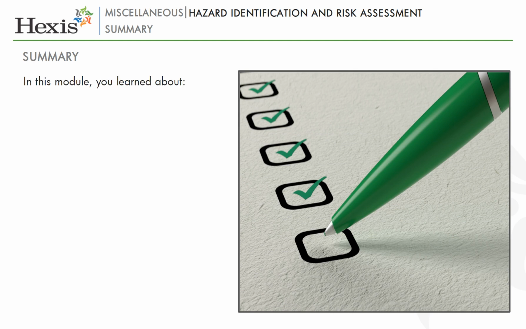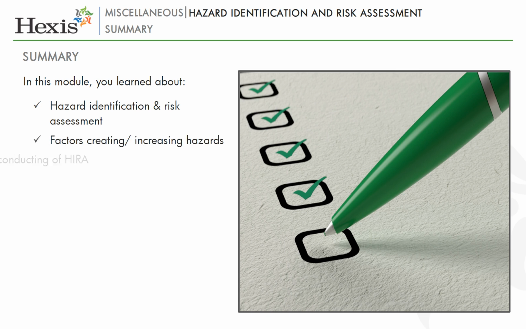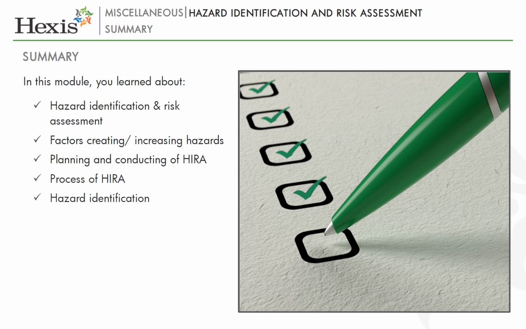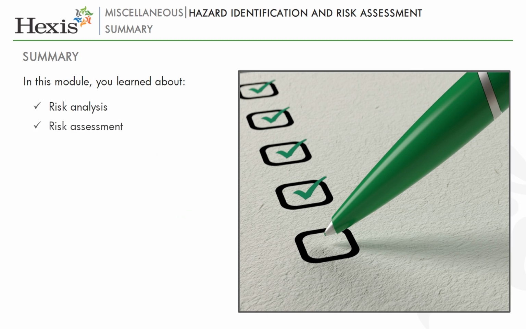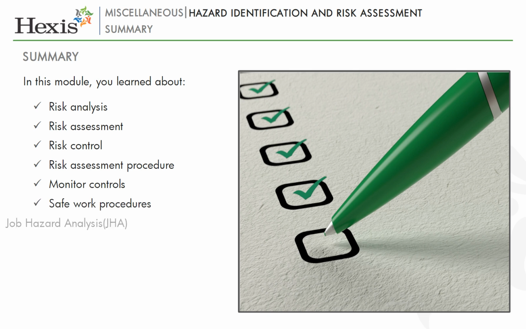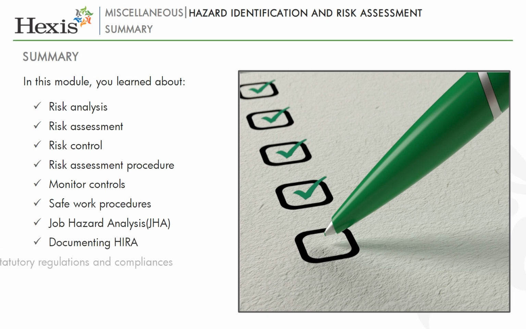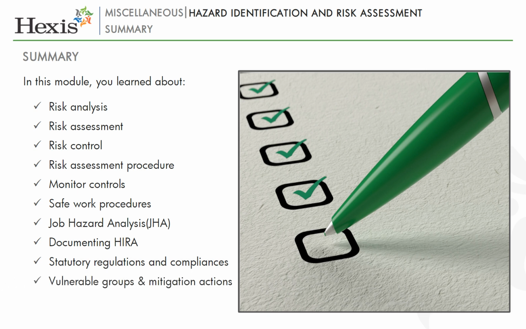In this module, we looked at hazard identification and risk assessment, factors creating or increasing hazards, planning and conducting of HIRA, process of HIRA, hazard identification technique, hazard identification and assessment methodology, risk analysis, risk assessment, risk control, risk assessment procedure, monitor controls, safe work procedures, job hazard analysis, that is JHA, documenting HIRA, statutory regulations and compliances, vulnerable groups and mitigation actions, impact on business.